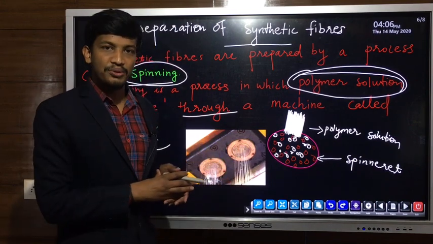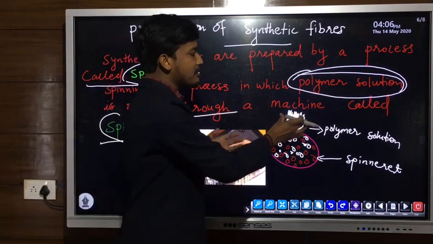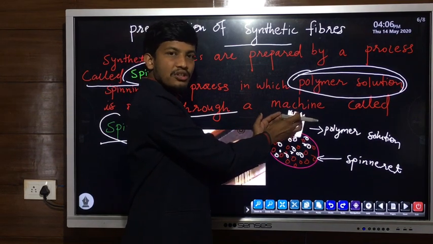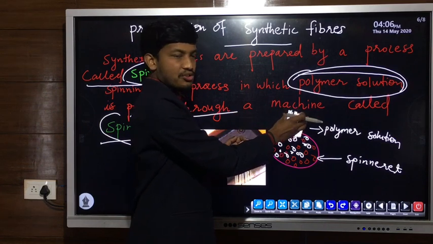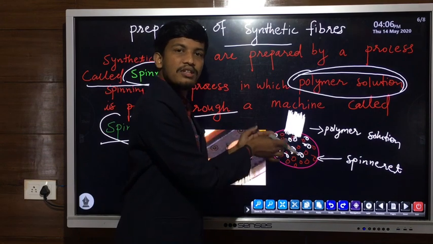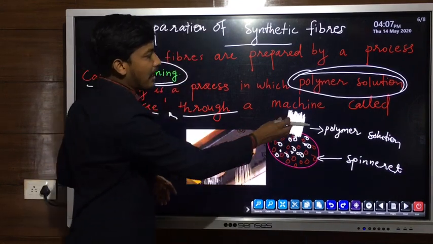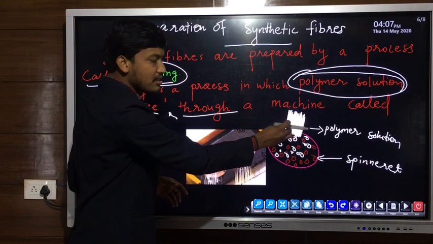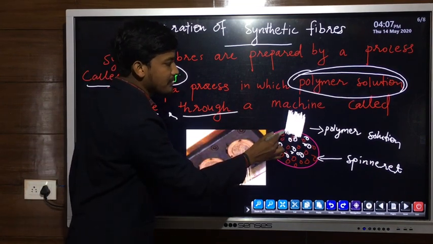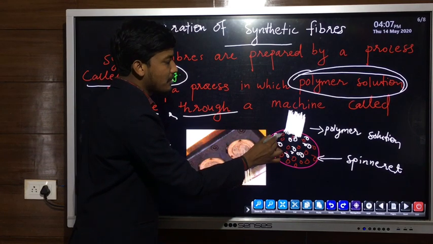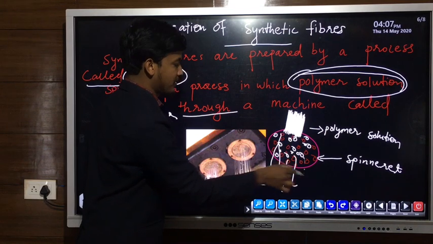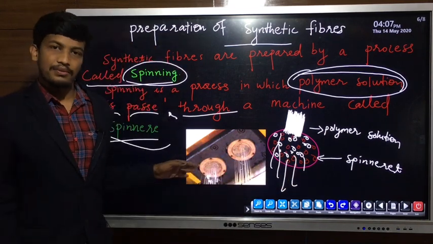So what we will do in spinning, we will pass the mixture of chemicals. That is, we have the mixture of polymers, the polymer liquid solution. We will pass this solution through this machine, through the spinneret. Then when we pass the liquid mixture of polymers through the spinneret, this liquid mixture will come out through the holes like this in the form of filaments.